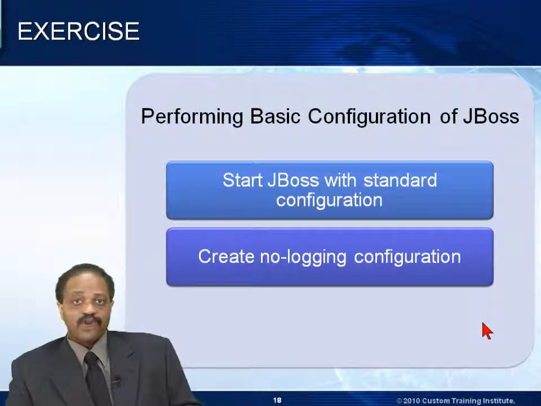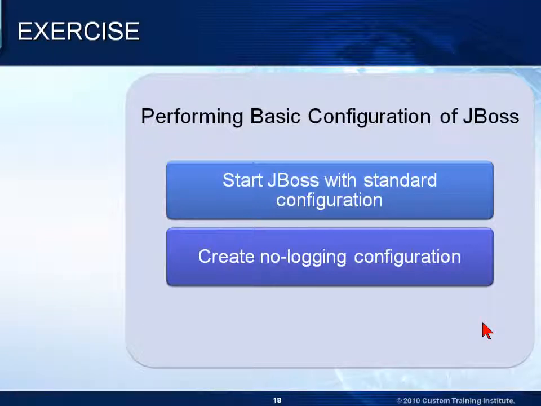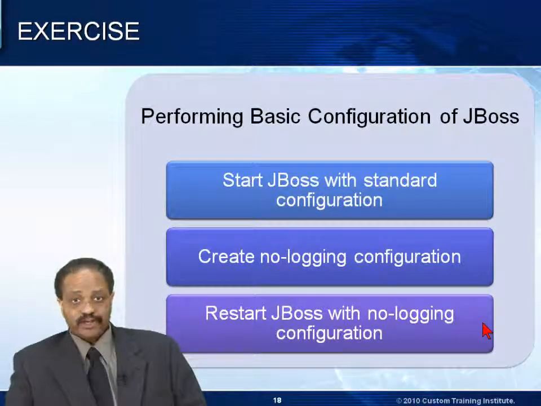Then we want you to create a second configuration, a custom configuration of JBoss that requires no logging. In other words, take the logging out of JBoss and then restart JBoss with the no logging configuration.